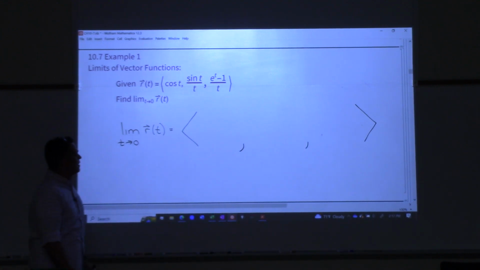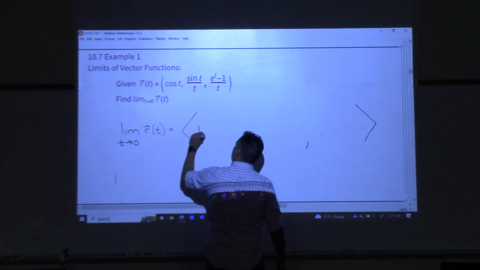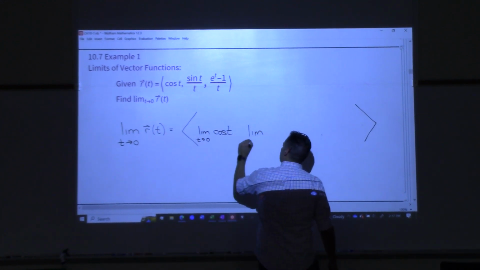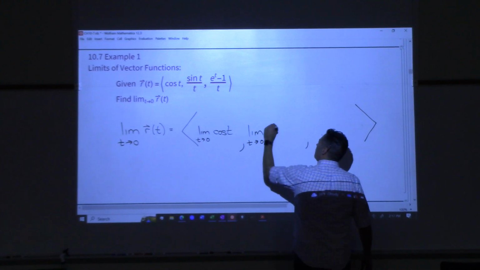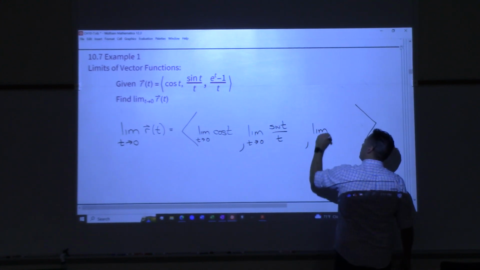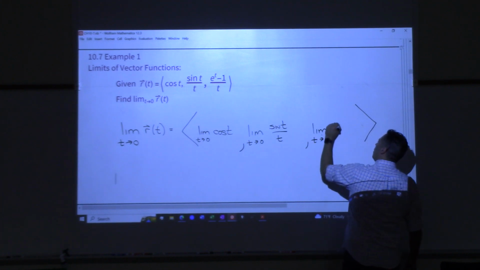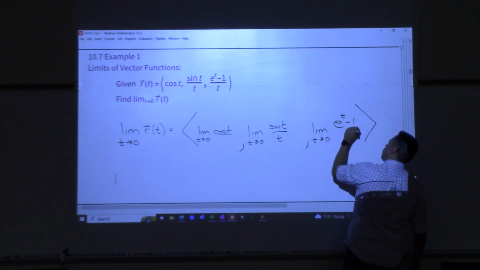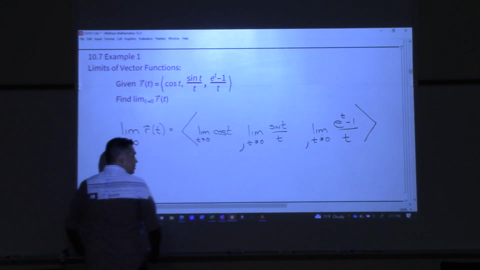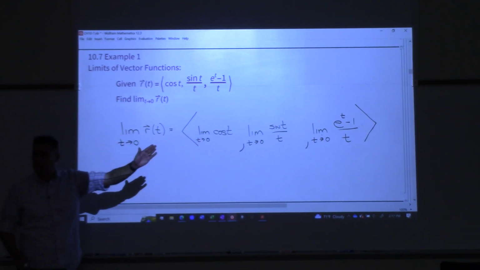And it is just the vector that you get when you take the limit of each of the components. So the limit as t goes to 0 of cosine t, and then the limit as t goes to 0 of sine t over t, and then the limit as t goes to 0 of e to the t minus 1 over t. So all I have to do is just take the limit of each one, right? That's it.